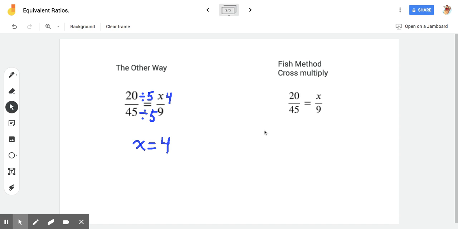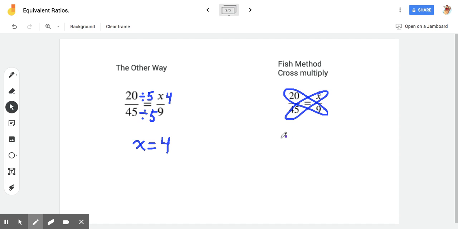Okay, so the other way to go about doing this is to use cross multiplication. And what cross multiplication actually says is that the cross products are equal. What are cross products? So the cross products here are 9 times 20 and 45 times x.